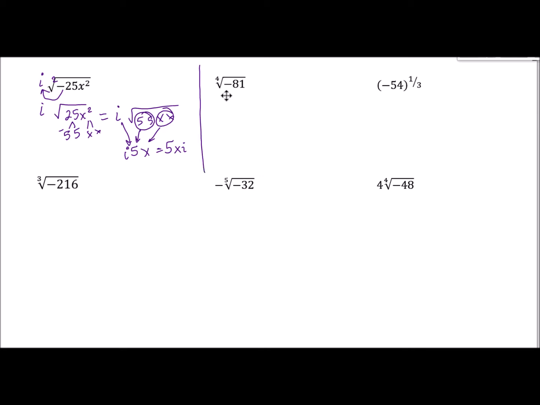All right, fourth root of negative 81. It's even. So this guy bumps outside and becomes an i. So i times the fourth root of 81. Factor down.